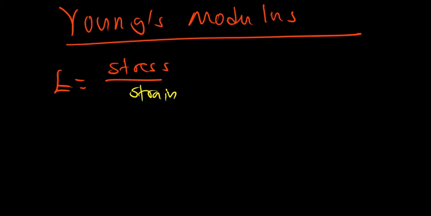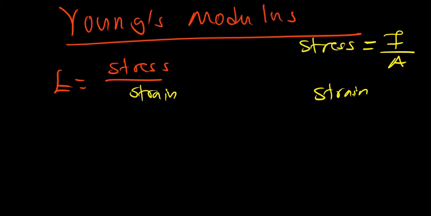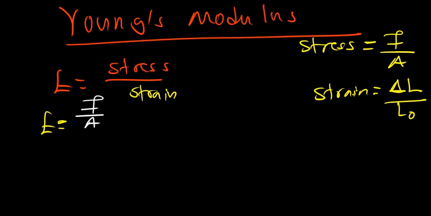Okay? Do you understand the fact that we said that stress is given by force divided by area? Again, we said that strain is given by the change in L divided by the L initial. So this Young's modulus then is going to be the force divided by area divided by strain.